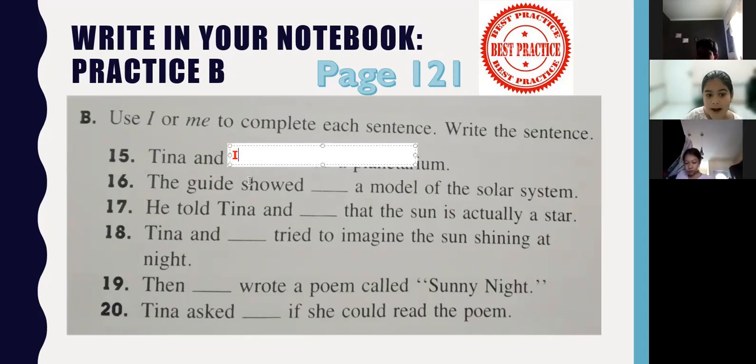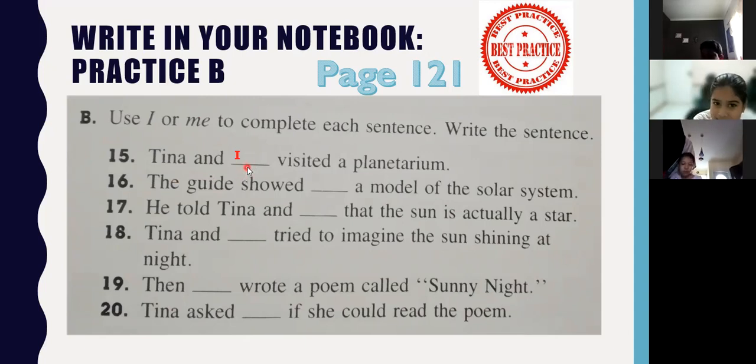Because in the first one, at the beginning, it's the subject. In the end it is me, and in the first one it is I. Okay, that's right. Thank you, Rebecca.